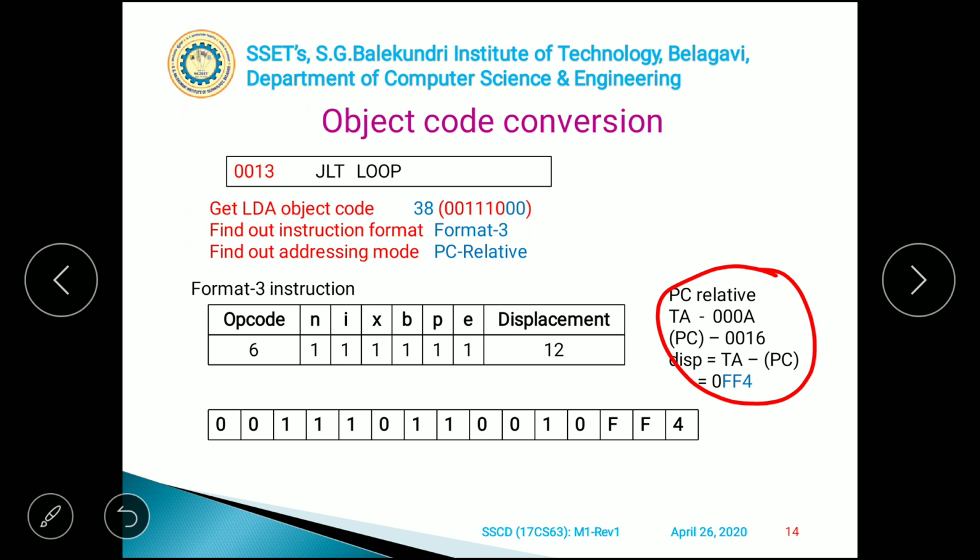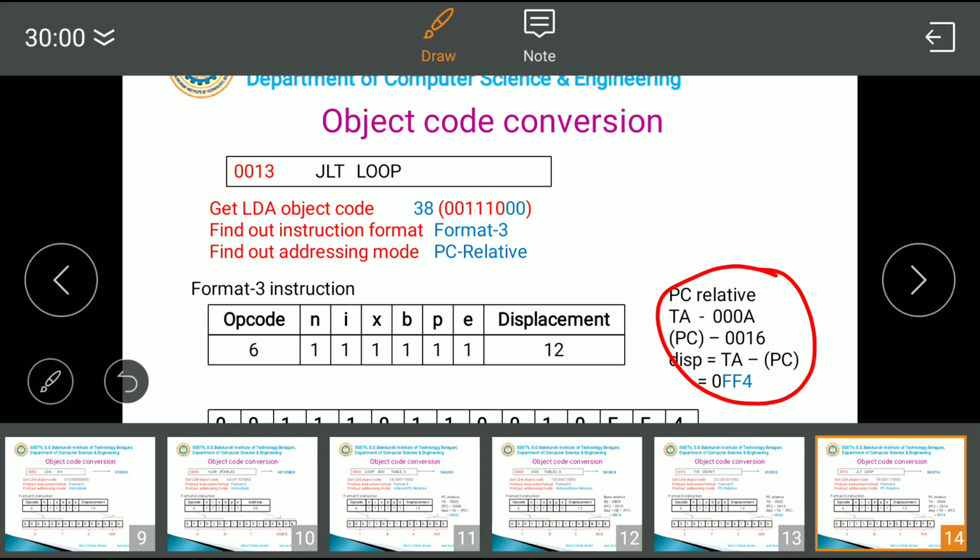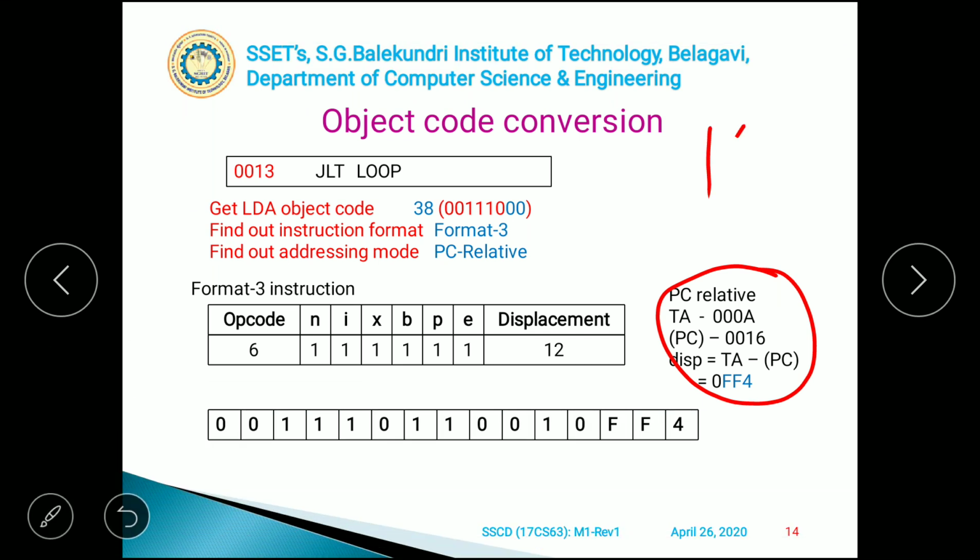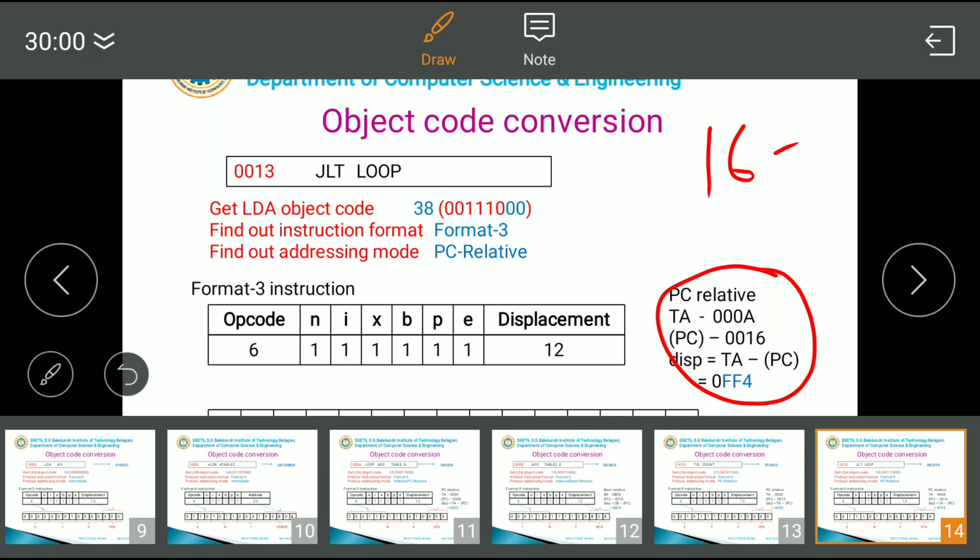So in A you cannot subtract 16. Whatever the result comes, it will be in 2's complement. So what you do is that initially you subtract 16 minus A. When you subtract in hexadecimal, 16 minus 0A.